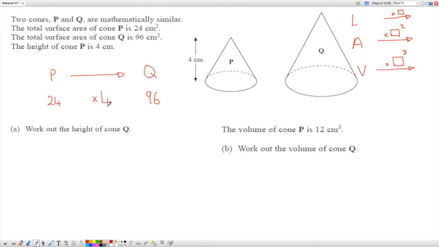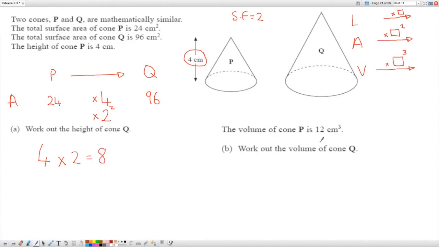The surface area of Q is 4 times bigger than the surface area of P. This is area, so if it's times 4, remember this is squared, so we square root 4. So we're actually multiplying by 2 squared. So our scale factor is equal to 2, which means for our height, when we are talking about just a length, we do 4 times 2, which is 8.